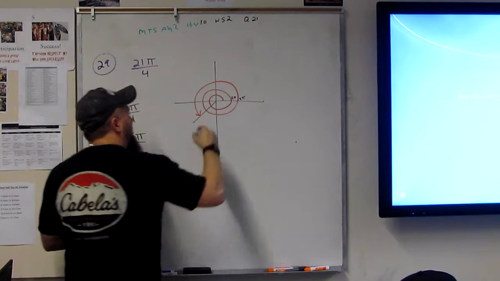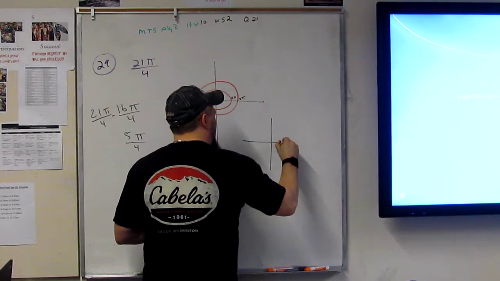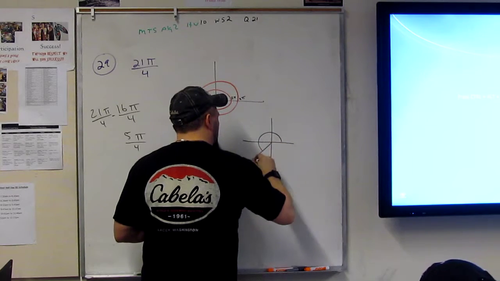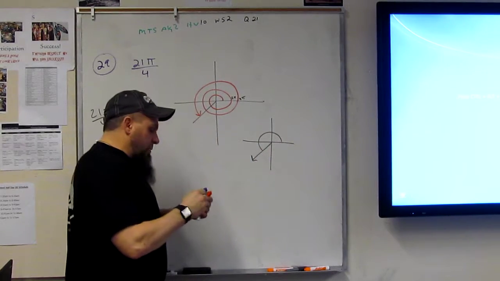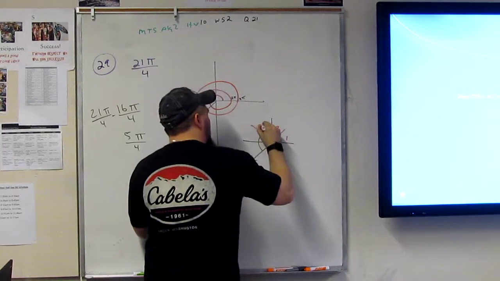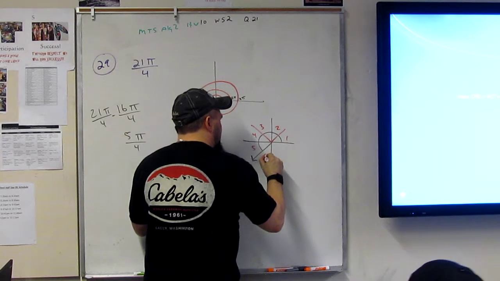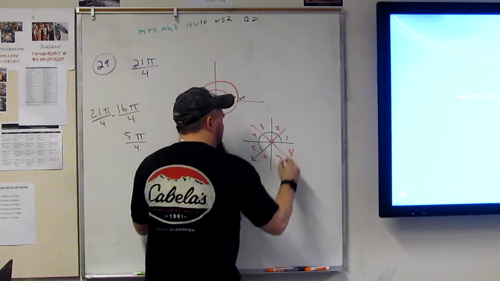Which means I'm going to break this up, like I said. It's coming around like this, right? We're going to break this up into 1, 2, 3, 4, 5, 6, 7, and 8, right?